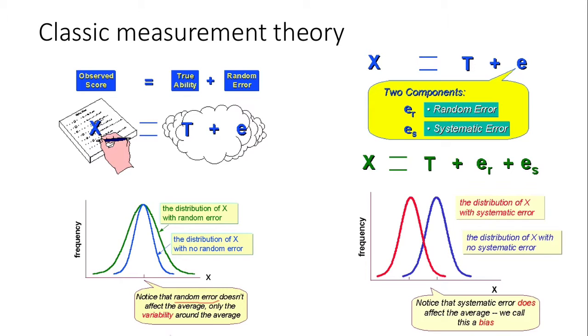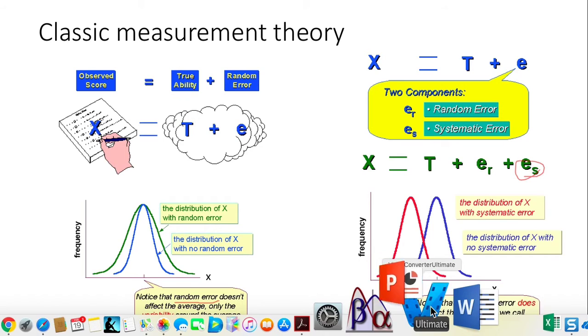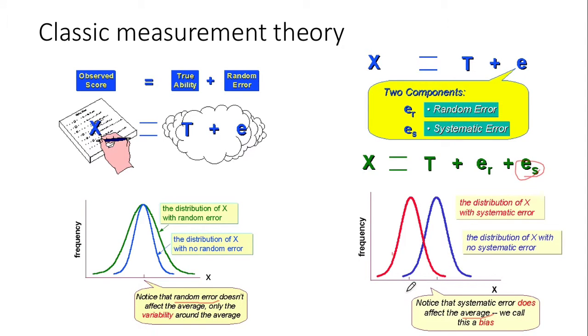It only affects the variability around the average. So random error may in turn affect your standard deviation or your 95% confidence interval. Systematic error, on the other hand, can actually affect the average, and this can cause bias in a study.